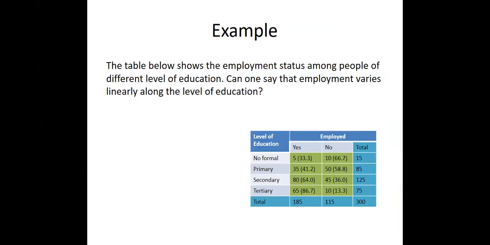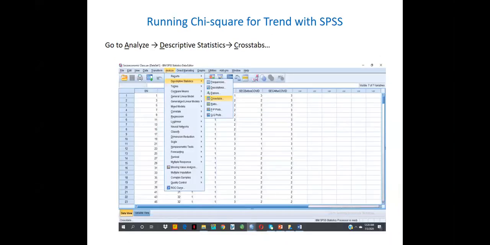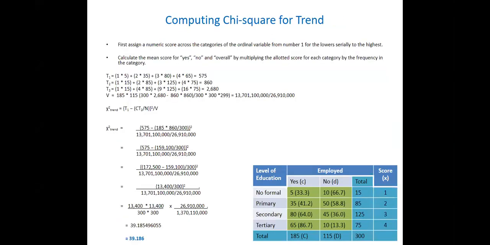So, sir, it's just a product of the calculation that we have 1 there. It's not that there was any special thing. The issue here is that for chi-square for trend, irrespective of how many categories, the degree of freedom is 1.